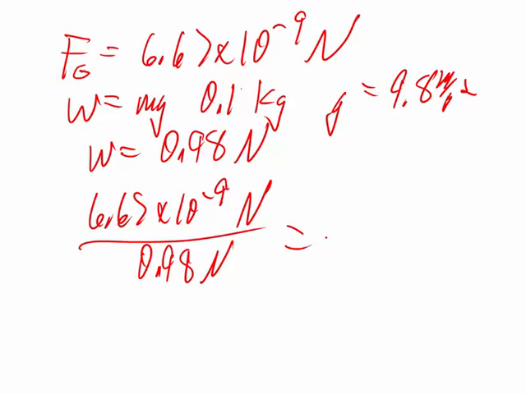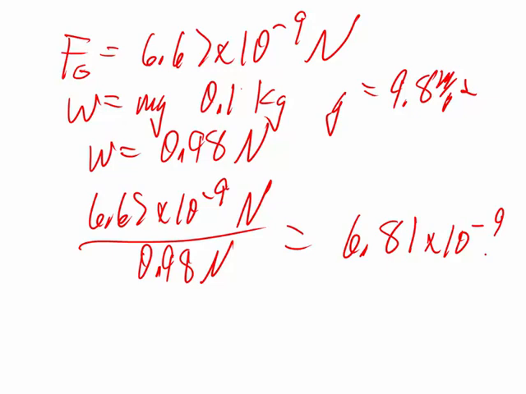We get 6.81 times 10 to the negative 9th is the ratio, okay? That's the ratio of this gravitational force to the weight of the ball. Wow. It's not a whole lot, is it?